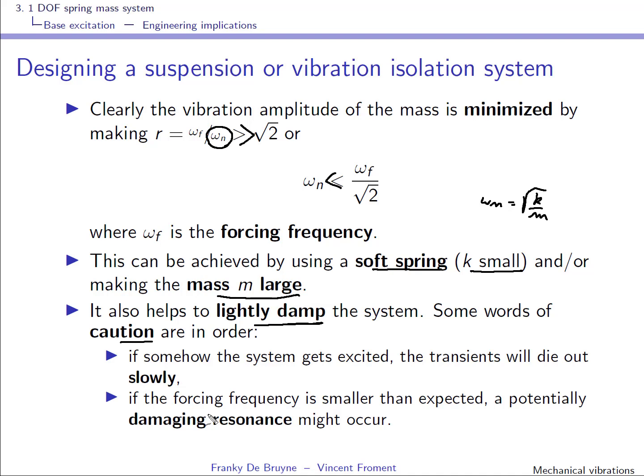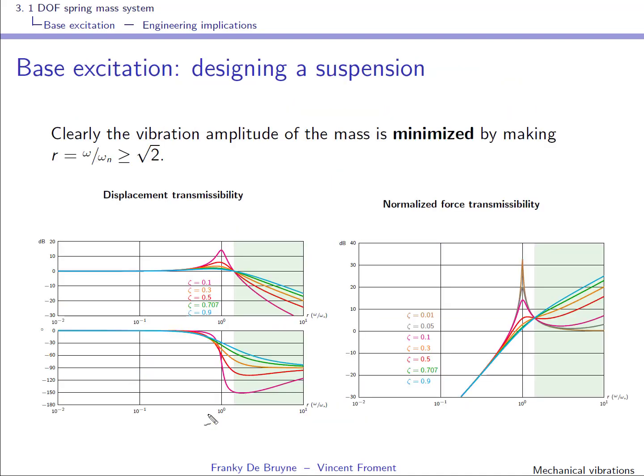This is what you can see in the previous slide. If your forcing frequency for some reason migrates in this direction here, you can have potentially damaging effects, because the normalized force transmissibility becomes very high.